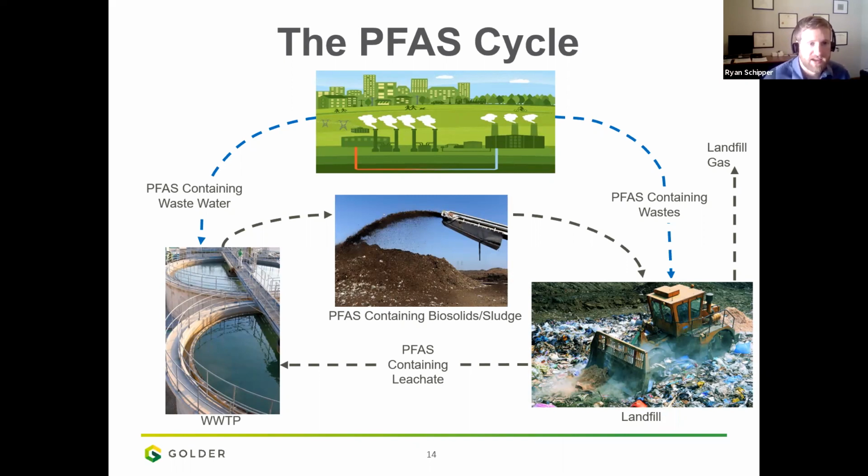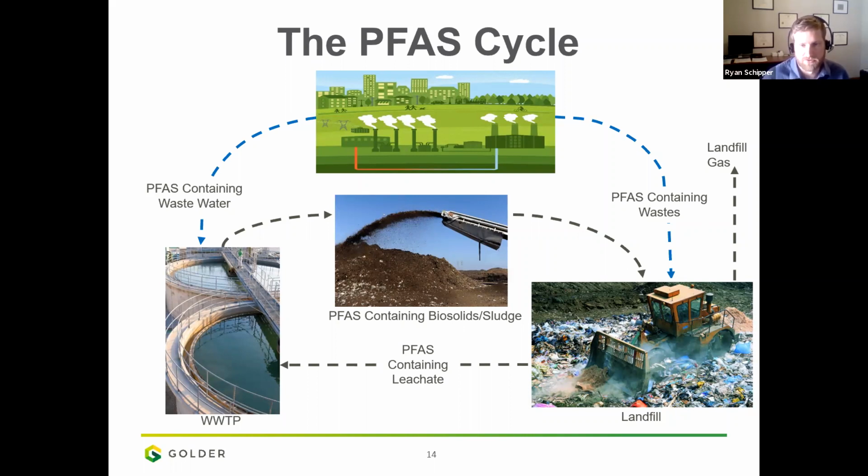Different PFAS containing waste have then been discharged to a lot of different wastewater treatment plants from those manufacturing byproducts, or in some cases products. And the wastewater treatment plants during their treatment typically don't remove large quantities of PFAS; they pass through. However, a significant amount of PFAS ends up partitioning onto the biosolids or sludge.